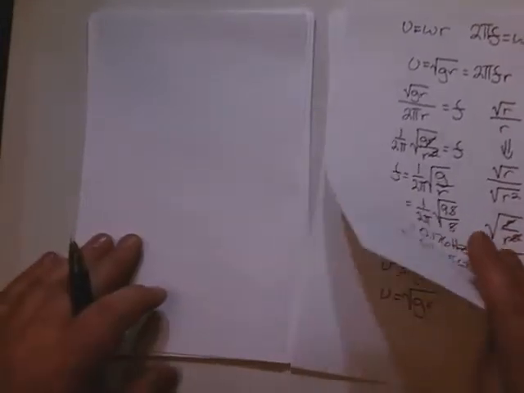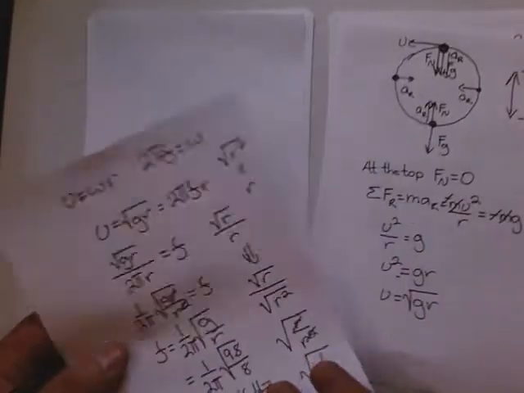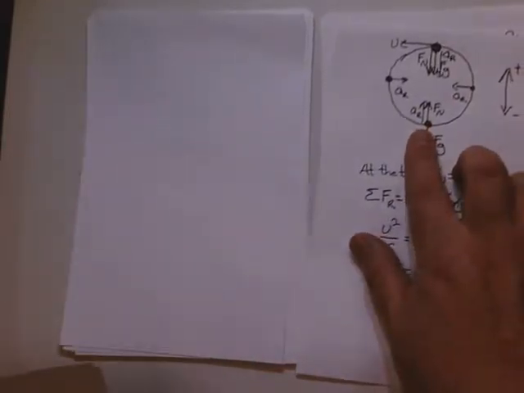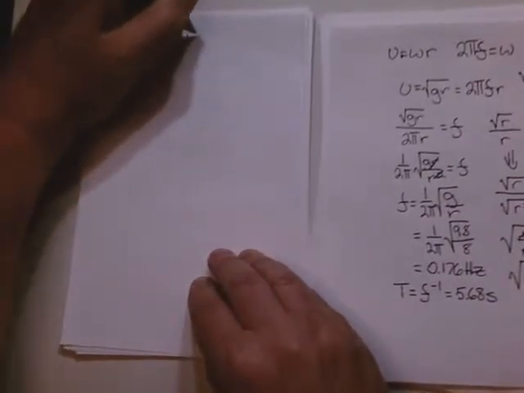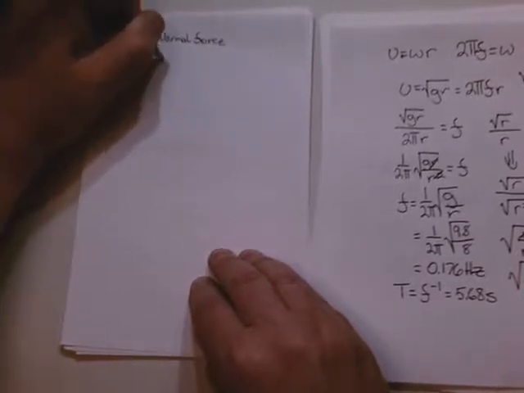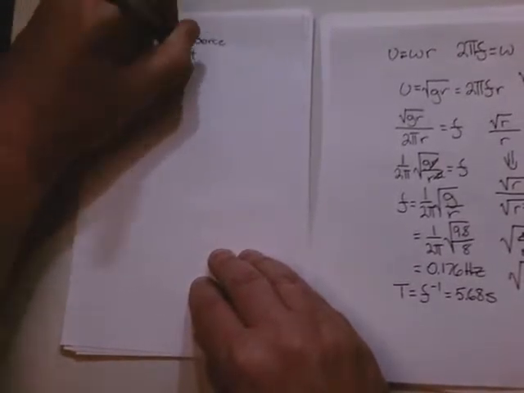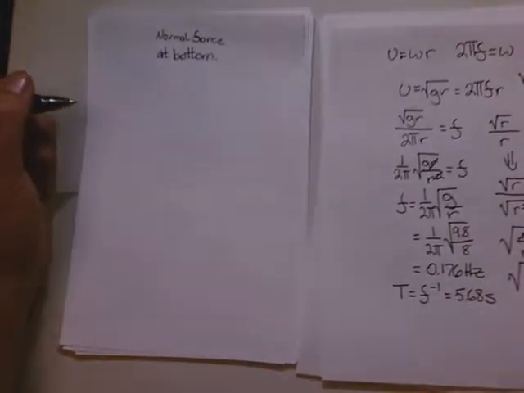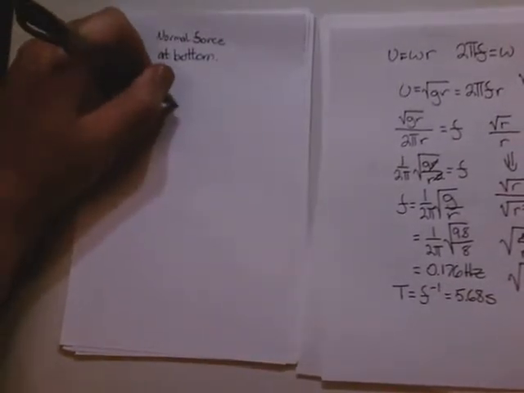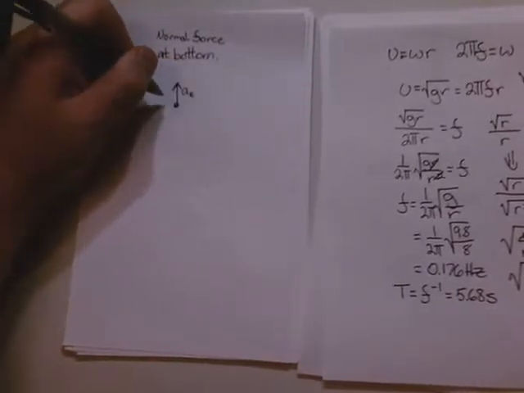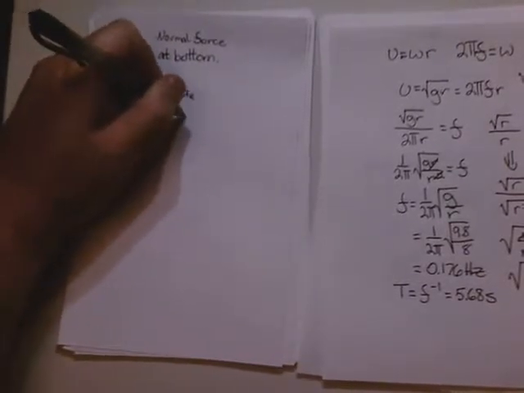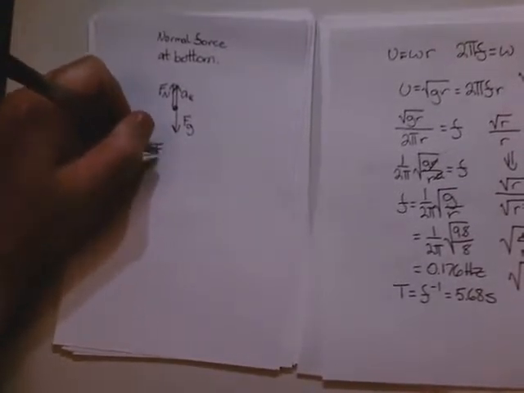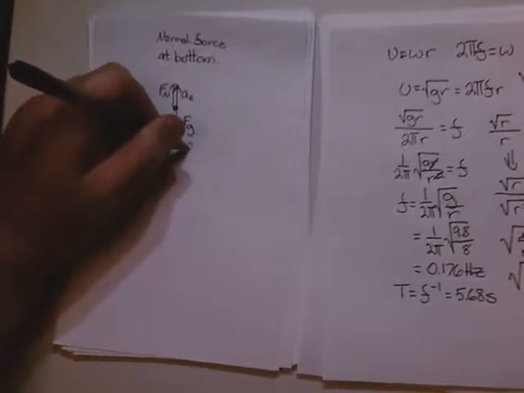Okay. The other thing that I would just like to show is what the normal force is at the bottom. So at the bottom, the radial acceleration is up, the normal force is up, and we still have the force of gravity pulling down. The sum of the forces radially is equal to mv squared over r.